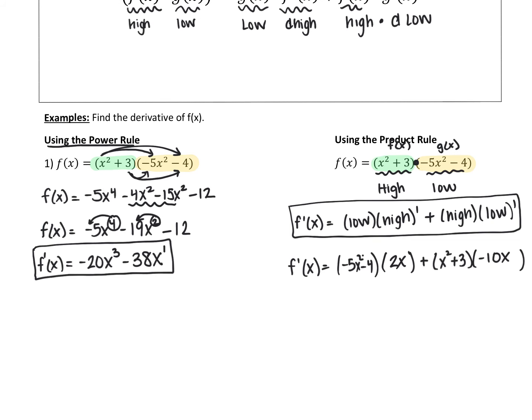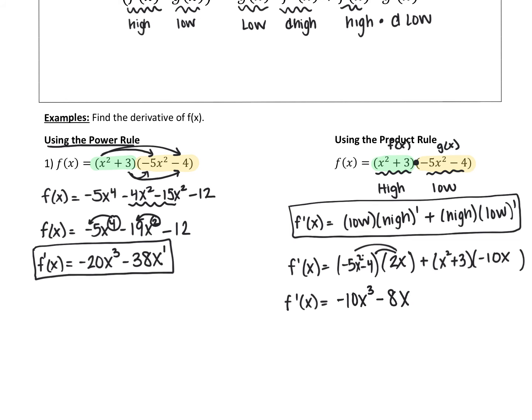Now we're going to have to do some multiplying to get it to look like this, but we can do that. So let's distribute the 2x. It's okay that it's on the wrong side. We can still distribute. So 2x times negative 5x squared is negative 10x to the third. And 2 times negative 4 is negative 8x.